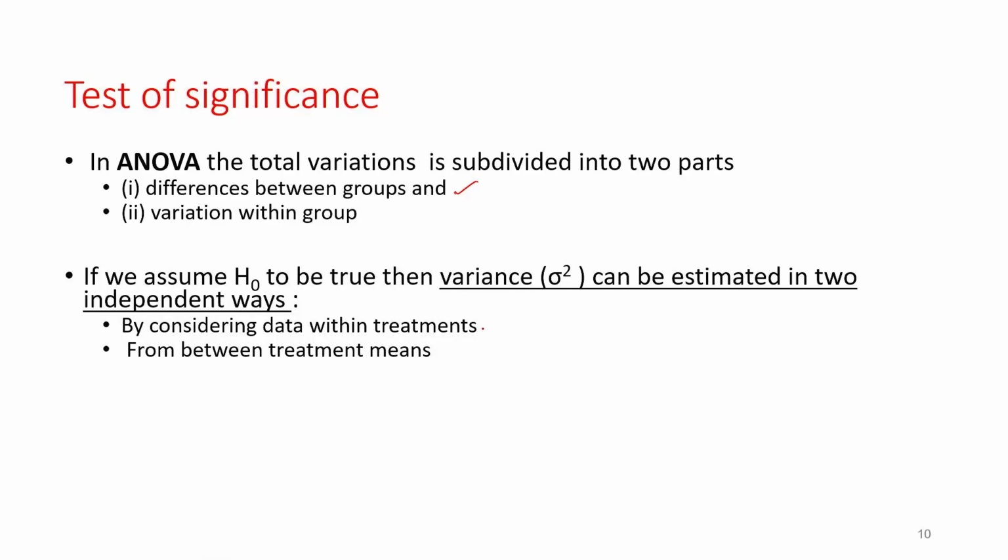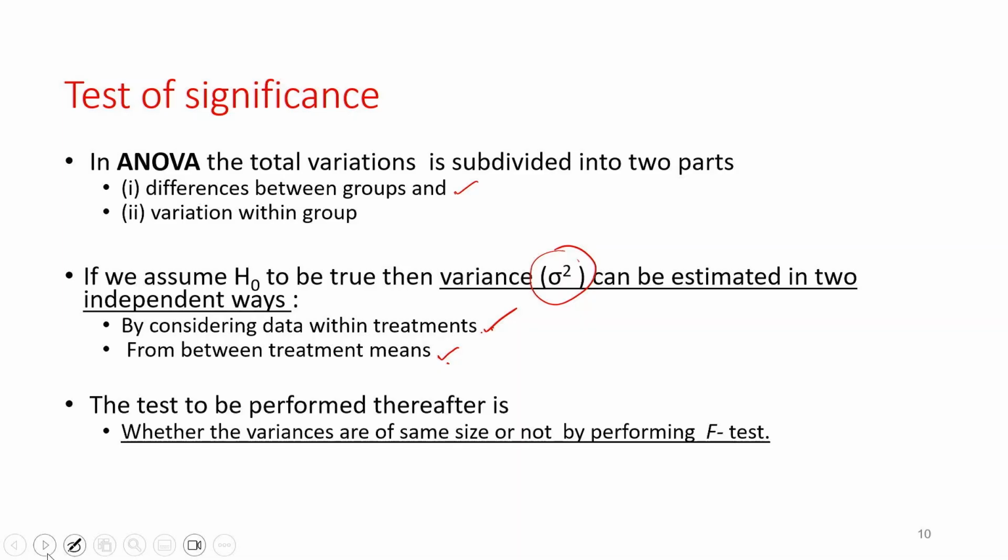One, by considering the data within the treatments, or from the between-treatment means. Sigma square can be estimated in two different ways. We will see how we are going to do this. What do these two statements mean now?